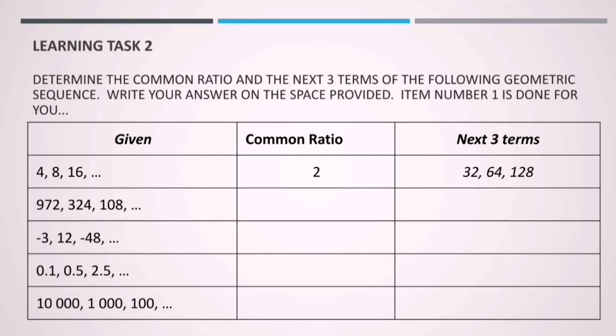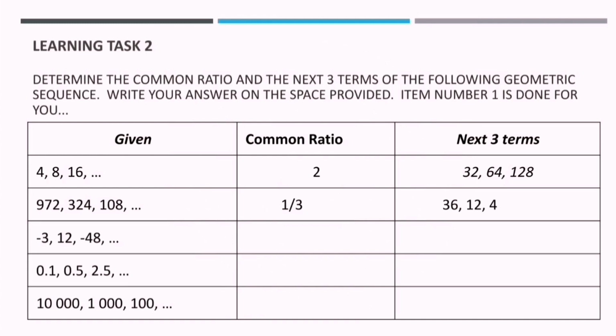Let's have one more. What is the common ratio in this geometric sequence? Okay, so if we divide the second term, 324, by the first term, 972, we will have 1/3.